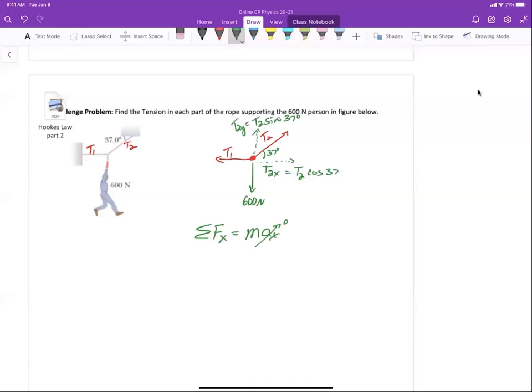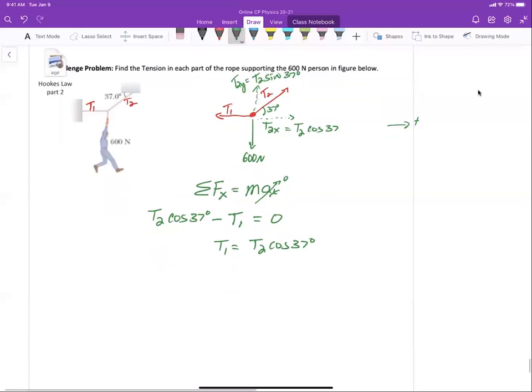I'm going to assume to the right is positive and to the left is negative. So what is positive in the x direction is T2 cosine of 37 degrees. And then what is negative in the x direction? T1. And all of that has to equal 0. So we find that T1 is equal to T2 times cosine of 37 degrees.